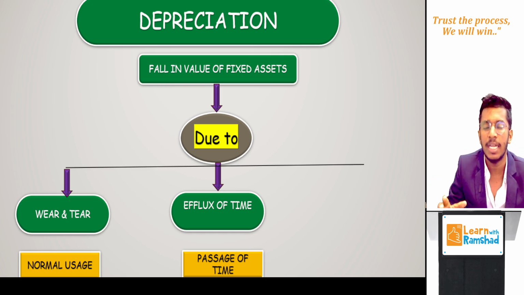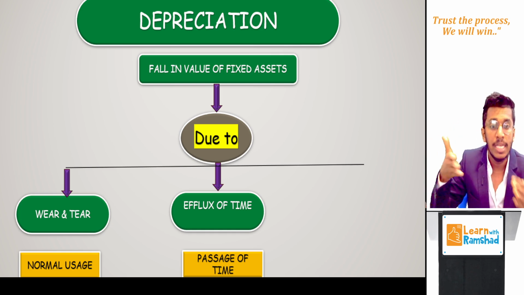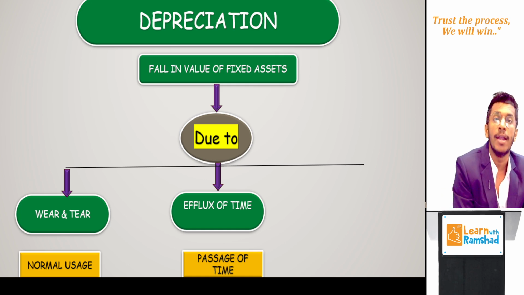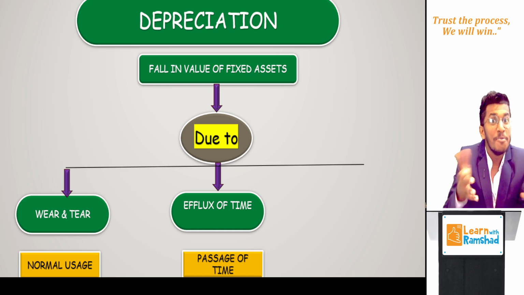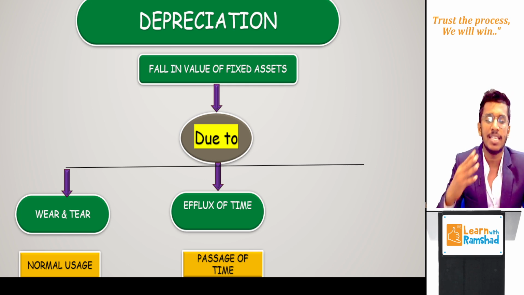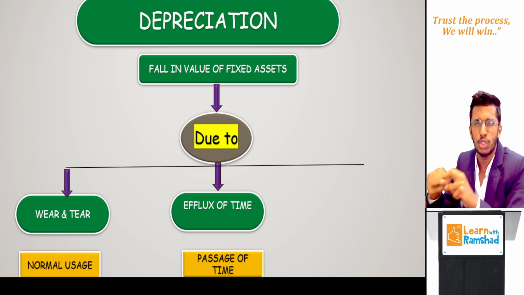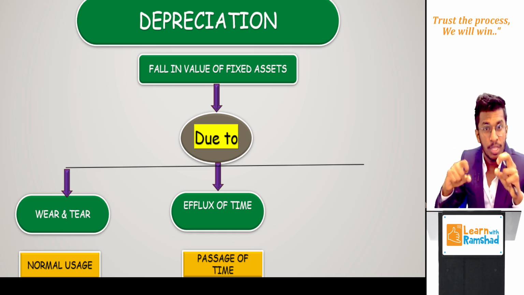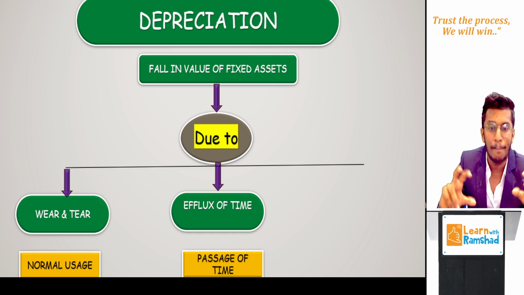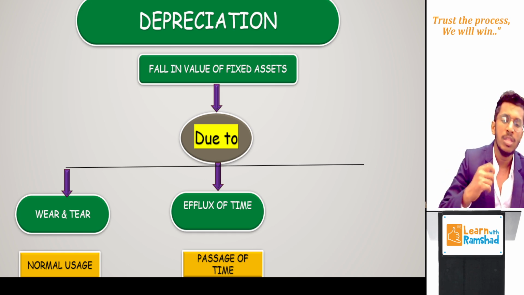No, you'll never get a value equal to the purchase price, because 6 months of time is gone. Maybe you have not used it, but time has moved. This is the second reason. Ready? So for accounting depreciation, there's no compulsion that you have to use the asset. Clear? That's it.